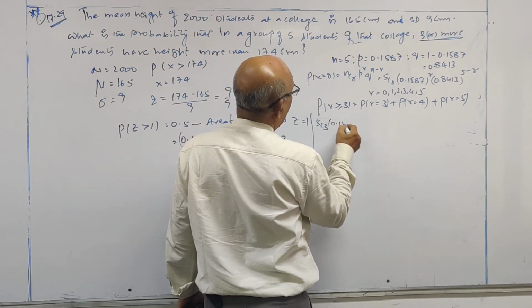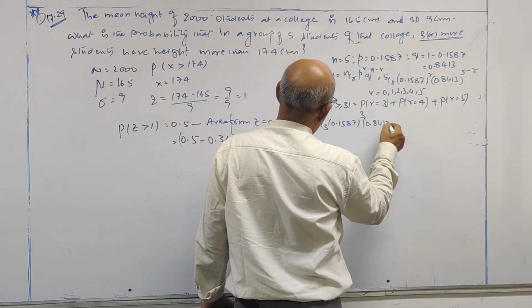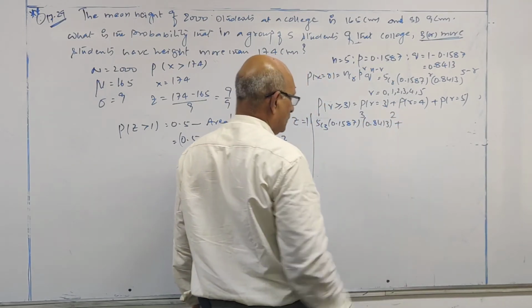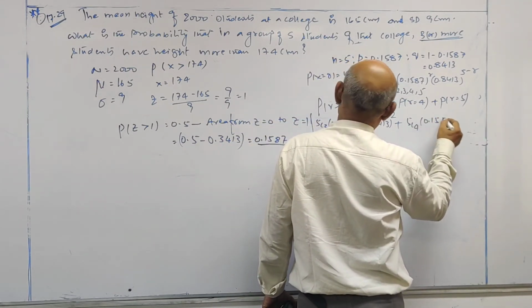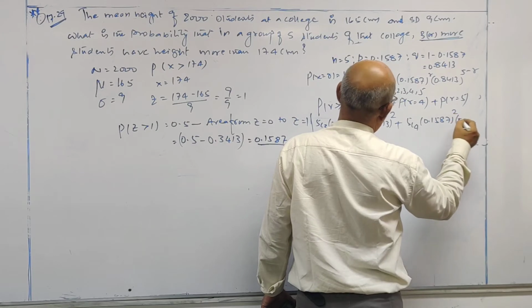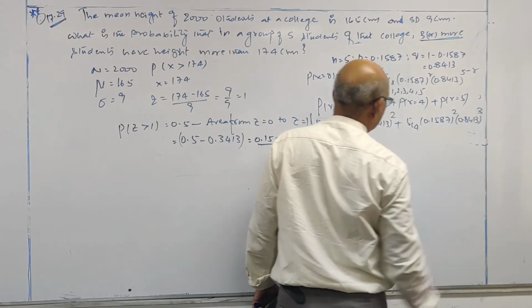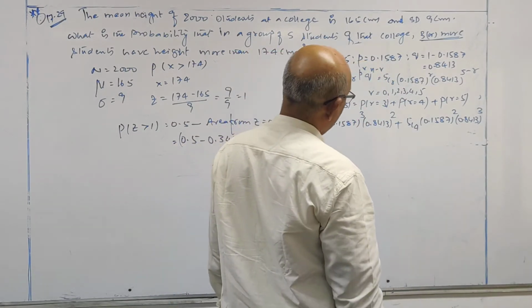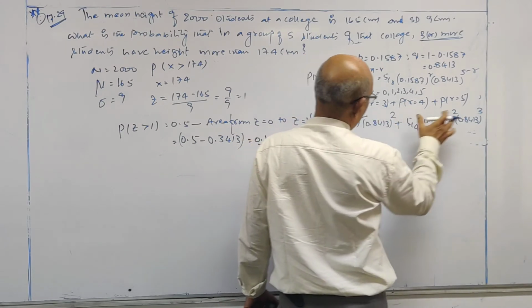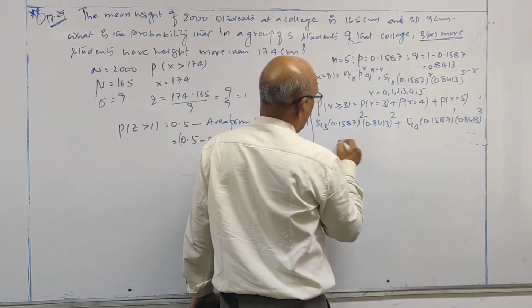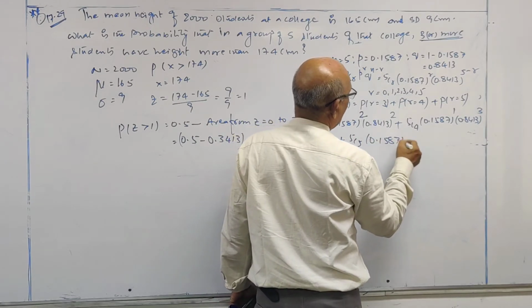5C3 (0.1587) power 3 (0.8413) power 2, plus 5C4 (0.1587) power 4 (0.8413) power 1, plus 5C5 (0.1587) power 5 (0.8413) power 0.